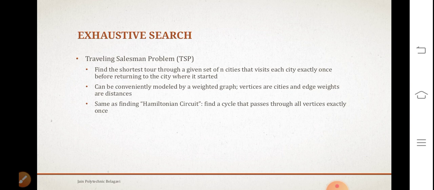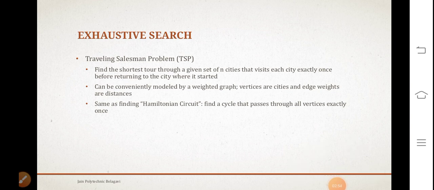This problem can also be stated as finding the shortest Hamiltonian circuit of a graph. A Hamiltonian circuit is a cycle in the given graph such that all the vertices of the graph are visited only once, and the tour obtained in such a way has the shortest distance.